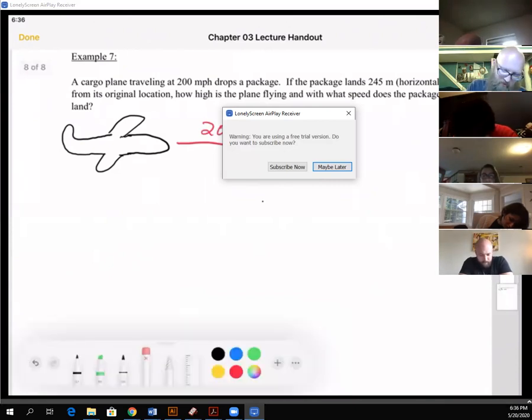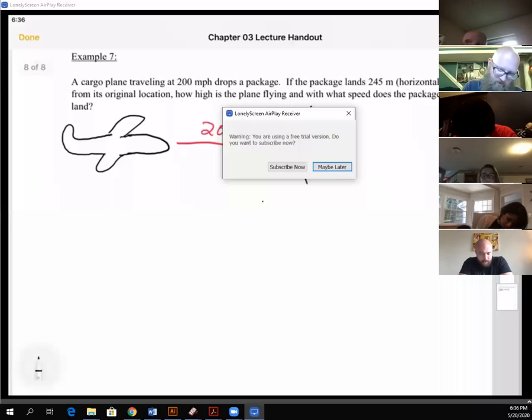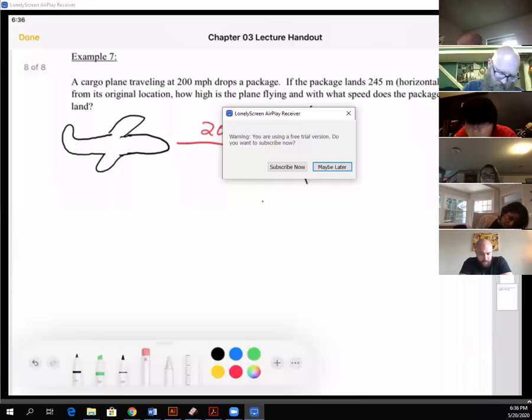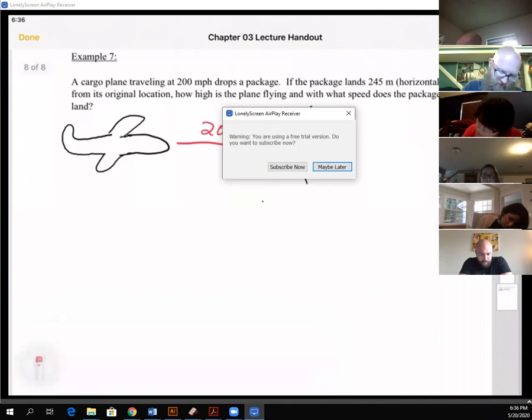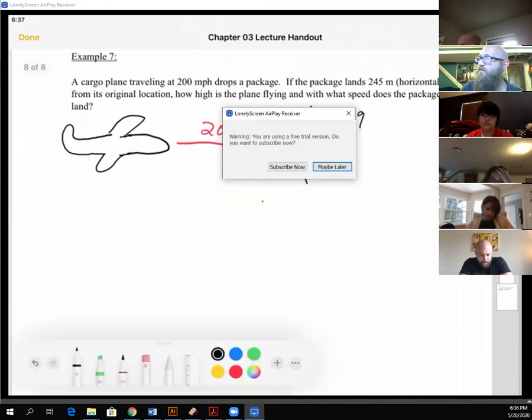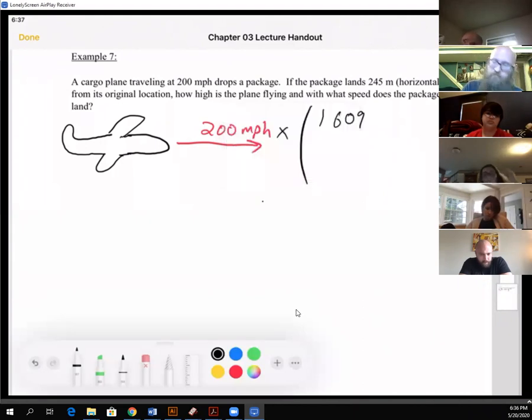Okay, so I'm going to multiply by 1,609. It's 1.609 kilometers per mile, so that's 1,609 meters per mile. I'm trying to do too many things at once. It's 1,609.